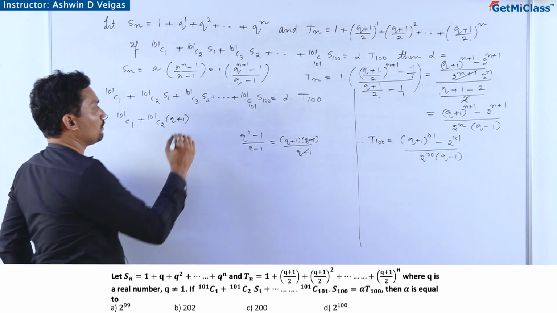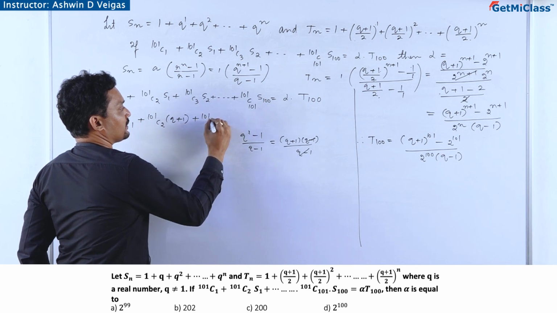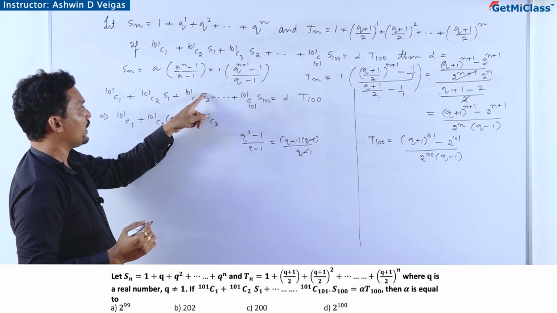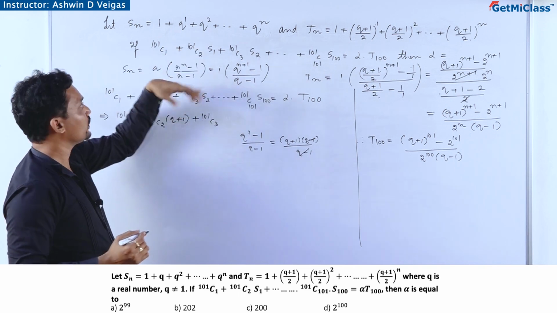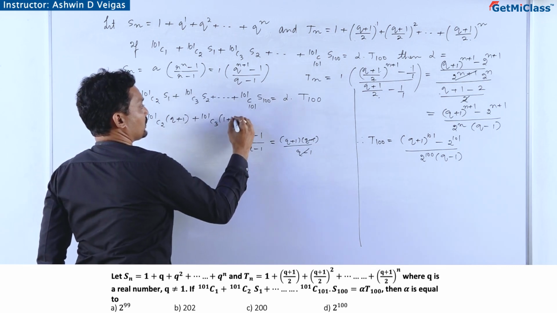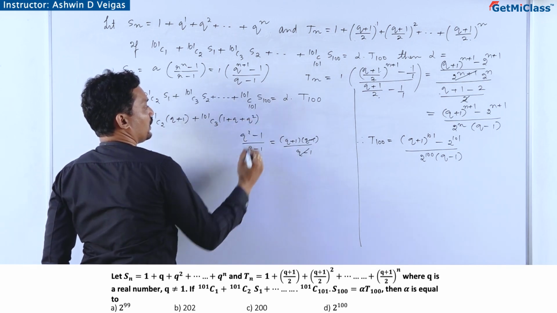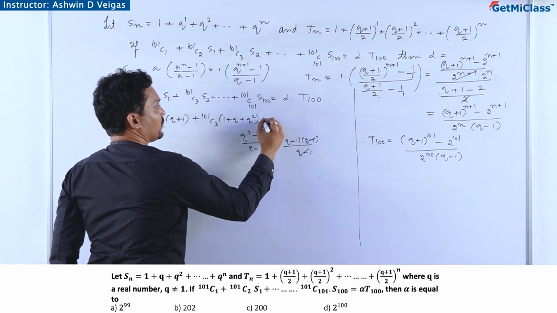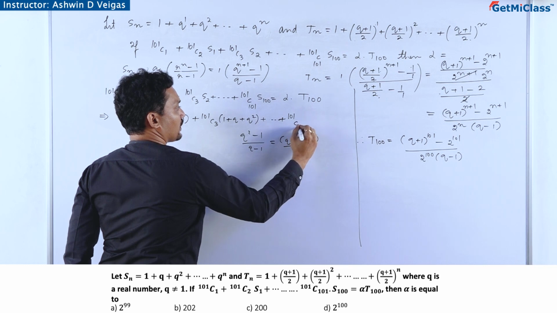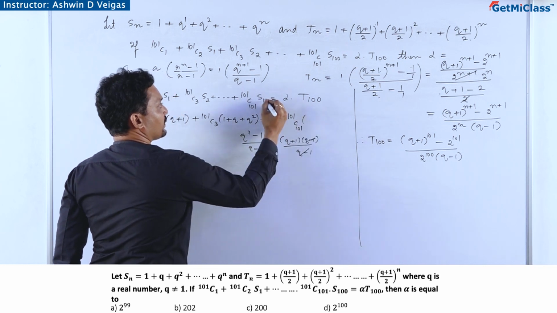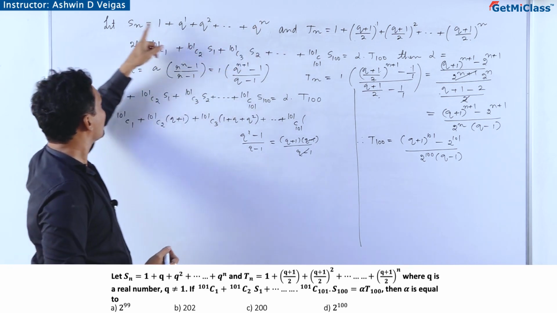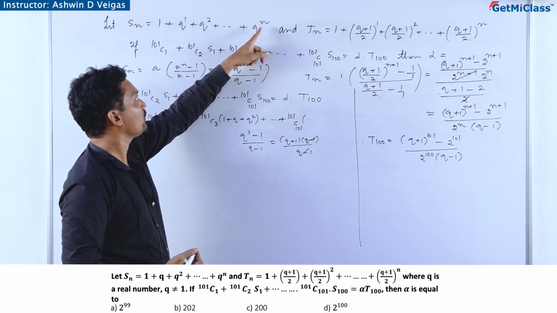Then plus 101C3. Now, if S1 is q plus 1, S2 will be the next term added to it, so it will be 1 plus q plus q square, and like this going in the same way, finally it is 101C101 into S100. Now Sn is up to q power n, so S100 should be written till q power 100.